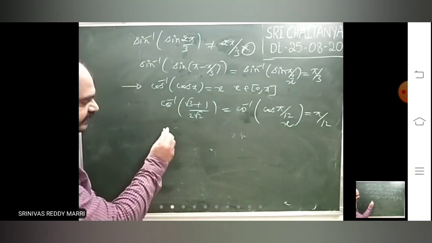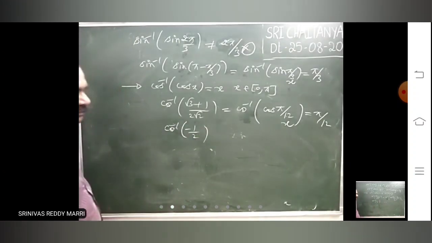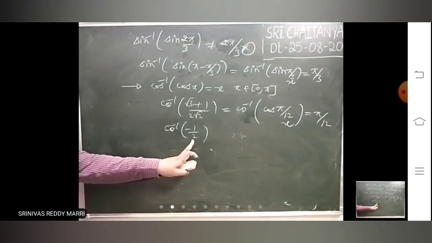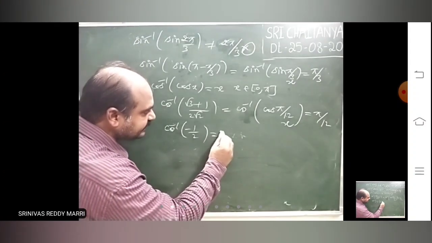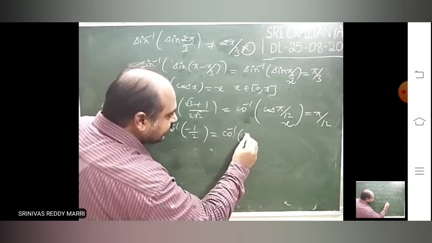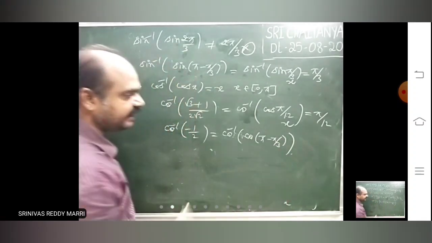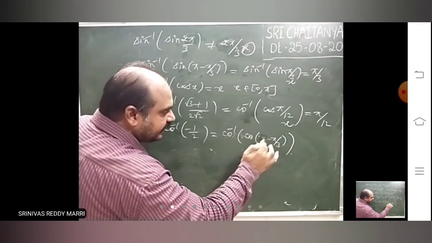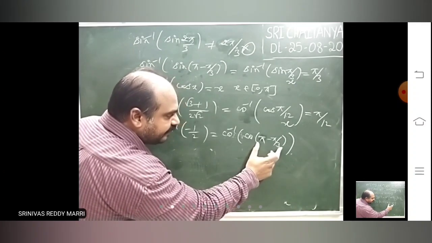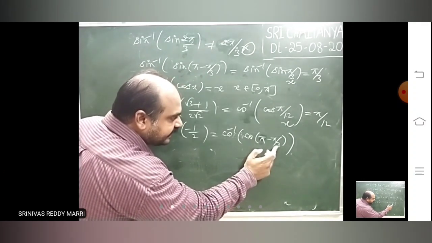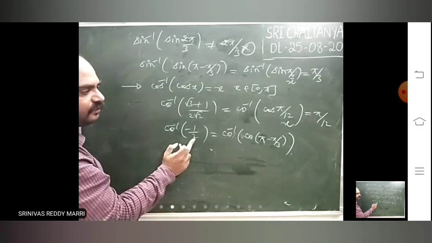Suppose it is like this. Look at cos inverse minus 1 by 2. So look at this angle, I can write in second quadrant. Look at pi minus pi by 3. I have written minus 1 by 2 as cos of pi minus pi by 3. Cos of 180 minus theta is what? Minus cos pi by 3, that is minus 1 by 2.